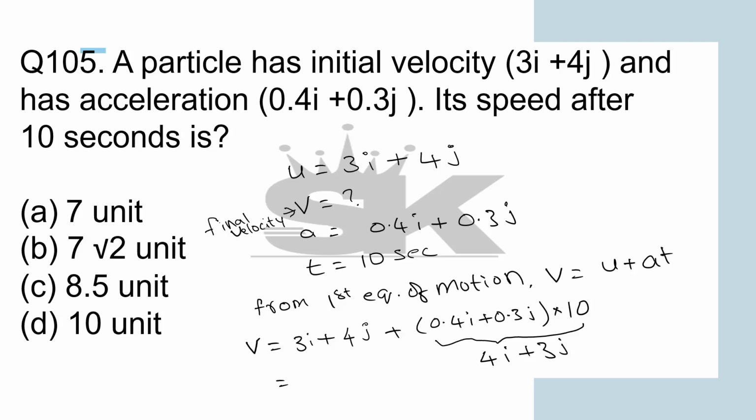So the answer is v equals 7i plus, sorry, 7i plus 7j. So finally the answer is 7 root 2. So the answer here is 7 root 2.